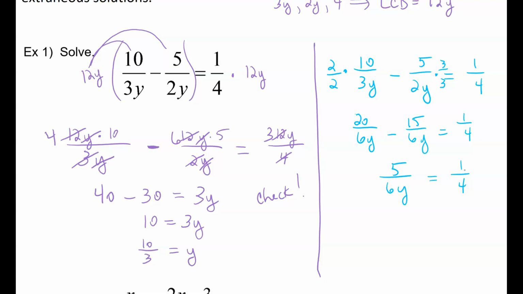Since it's 1 over 4, you just multiply the bottom. Right, it's a cross multiply. Yes, it's just a cross multiply.